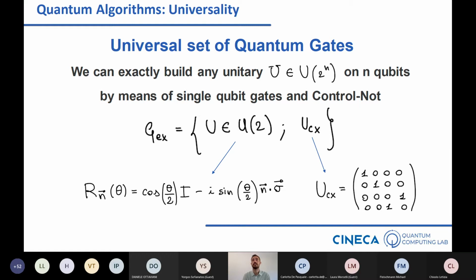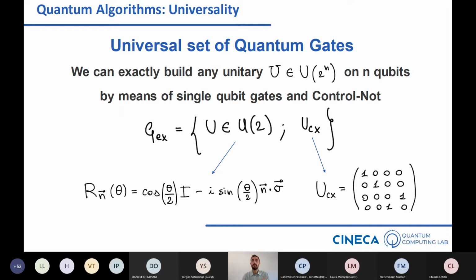Yes, exactly. So any state can be achieved with the proper unitary. Yeah. So you can build any unitary in this way, with this exact set: every unitary for the qubit plus the control not. Okay, there is also the proof, but I'm going to skip it because it's quite complex.